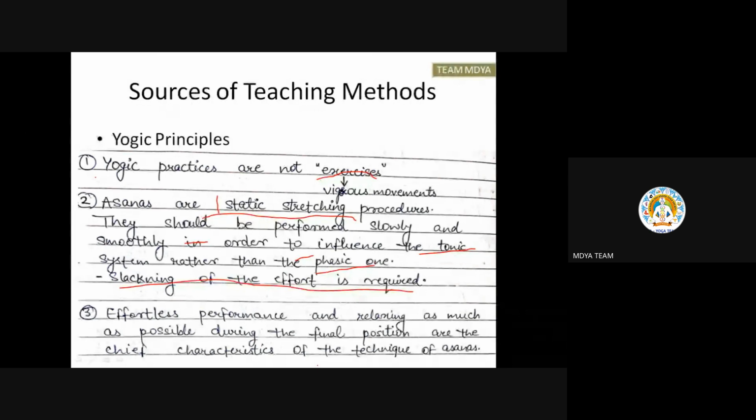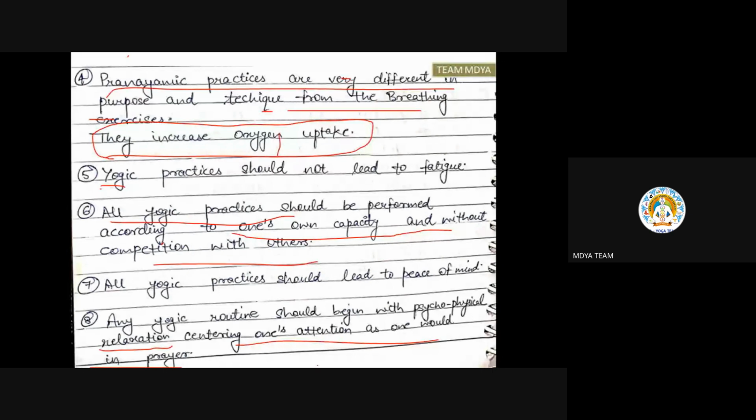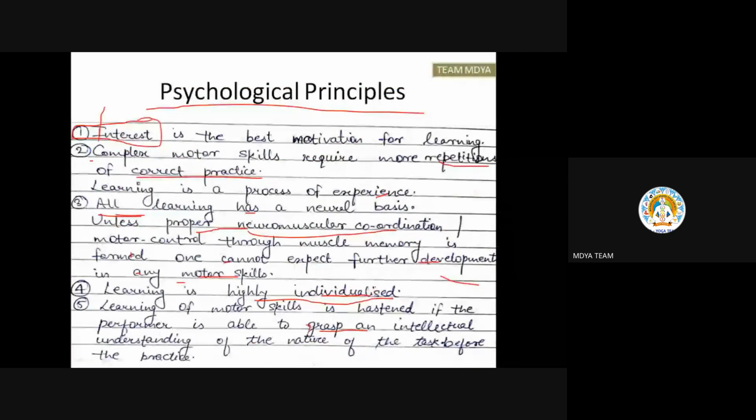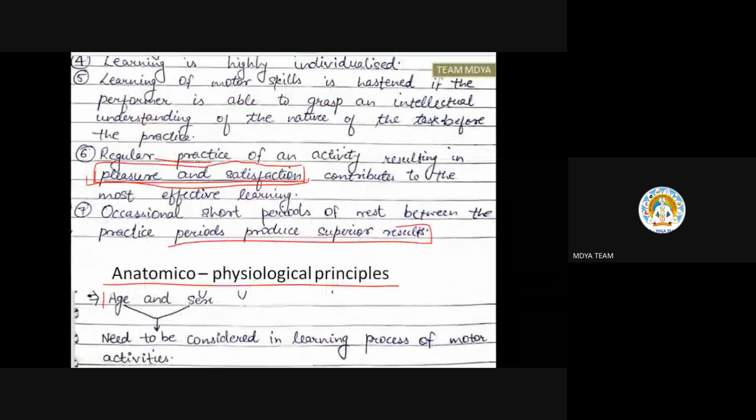In yogic principle, what are the points given? Questions from this can be asked. The examiner can give any point from these and ask which type of principle it is. Is this yogic principle, anatomico physiological principle, or educational principle? In the same way, learn the points of psychological principle. These are very easy. Just understand them.